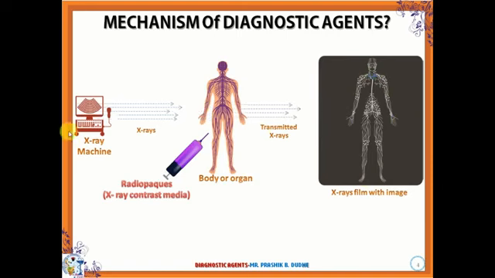So the X-ray is continuously bombarding all its rays on the body, and the radio opaque substance absorbs the X-ray radiation. Wherever the radiation is absorbed, that part will be visible on the X-ray film. This is how the diagnostic agent will work.